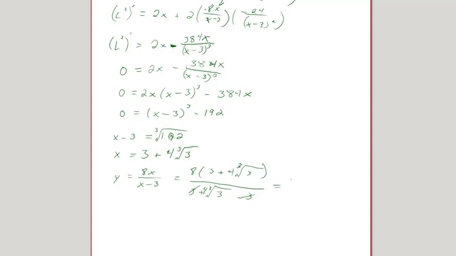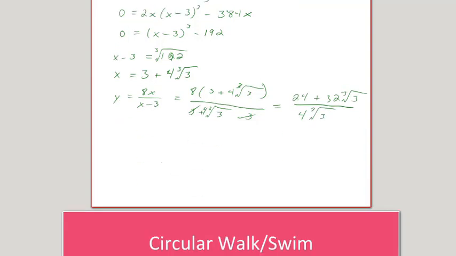All right. This is clearly not pretty. 24 plus, what is this going to be? 32 cube root 3 over 4 cube root 3. And so now the ladder, I don't know why I've got a 4 there.